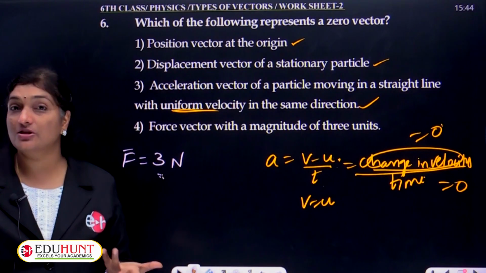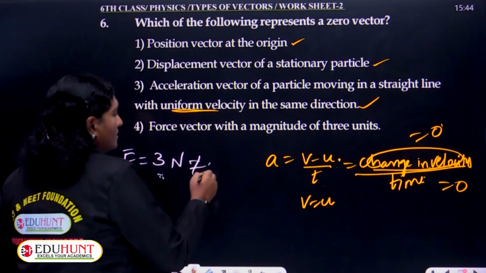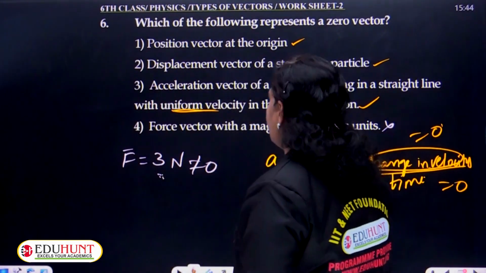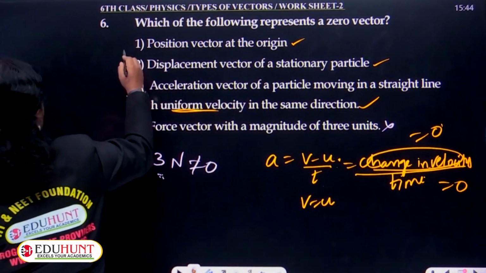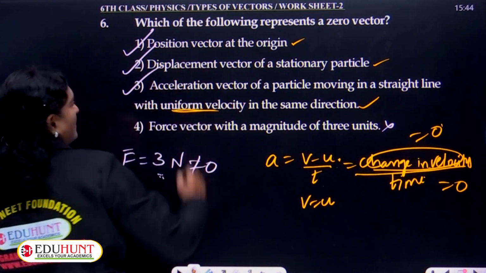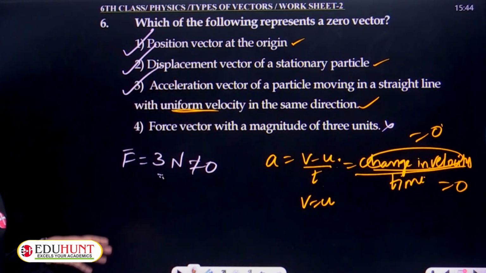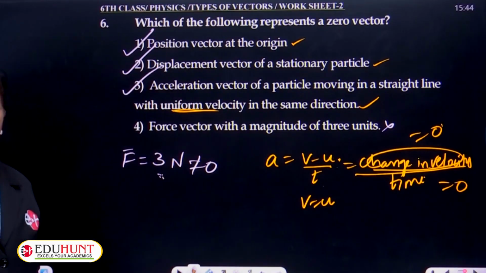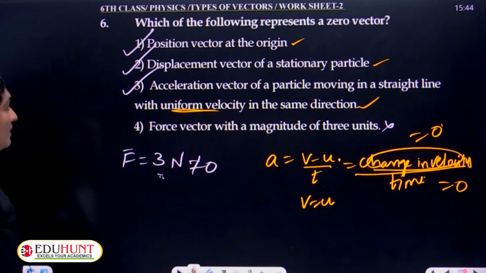Some value is there which is not equal to 0. So, which of the following represents a zero vector? All the first three are possible. This is a zero vector, here is a zero vector, and here is also zero. It is a multiple correct answer type question. Only the fourth option is not possible. Okay. Well, moving to the next question.